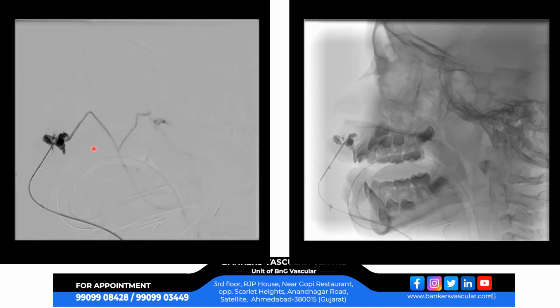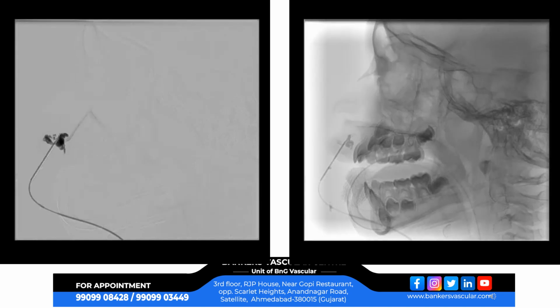Once we inject more and more contrast, the contrast fills up and goes into the normal blood vessels, which is very well visible over here. So this is the nidal region, and these are the communicating normal venous structures. By doing this we have a rough idea about how much volume of ethanol is needed to inject into this nidus.